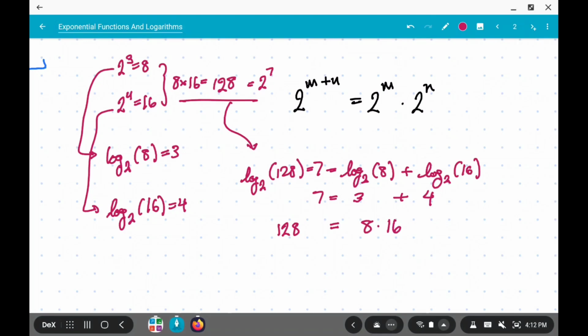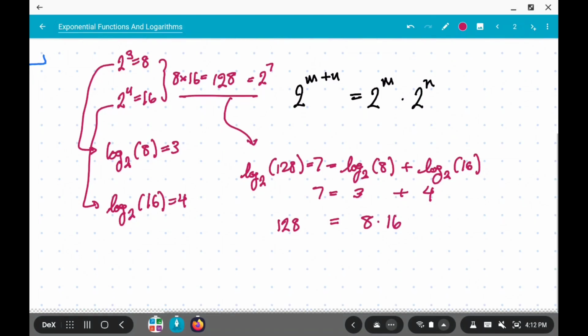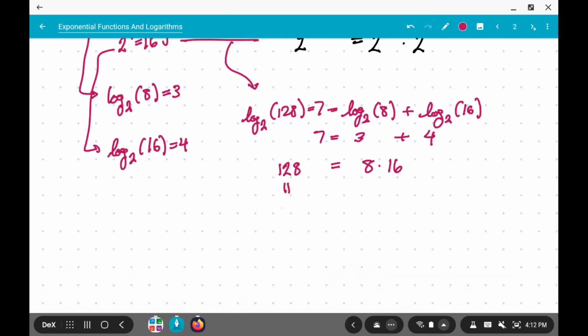Okay, so you got to think about this carefully. 128 is 2 to the 7th, 8 is 2 to the 3rd, and 16 is 2 to the 4th. So I can take the equation 128 equals 8 times 16 and write that as 128 equals 2 to the 7th. That is equal to 8, which is 2 to the 3rd, times 16, which is 2 to the 4th.